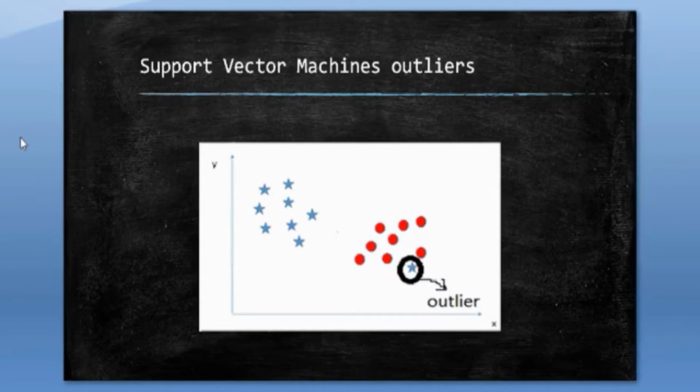So before training our model, we have to remove outliers. It also depends on the application, but in most situations, it's better to remove outliers.